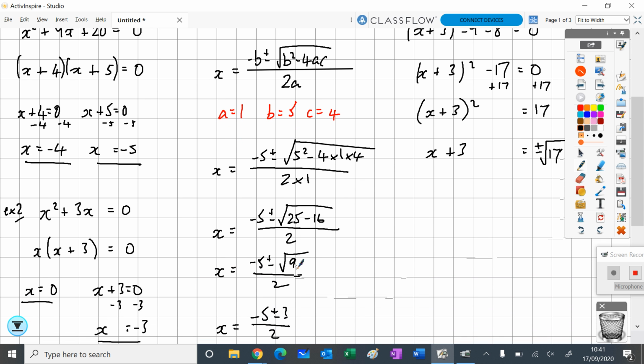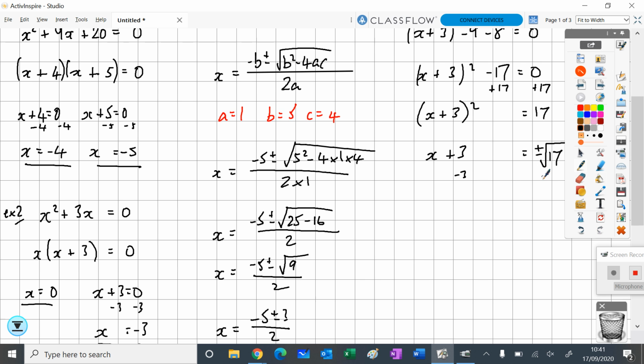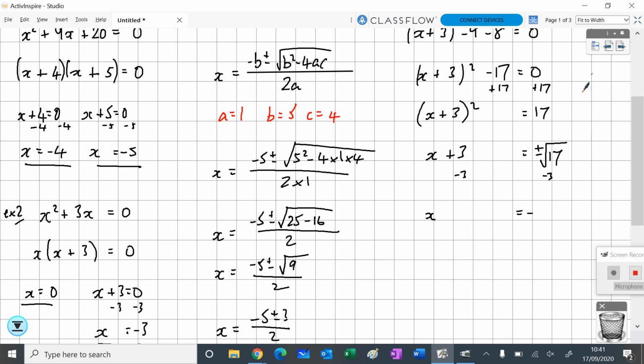Now I can take 3 off each side, and I've got a nice exact answer, which actually I can just leave like that. Those are your three methods for solving a quadratic equation, and you really need to become fluent in all of them.